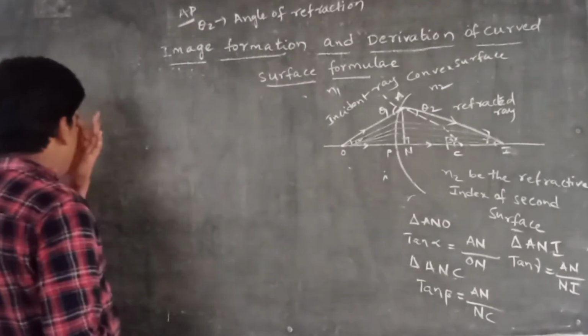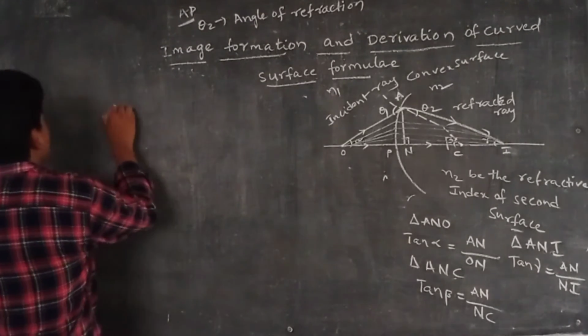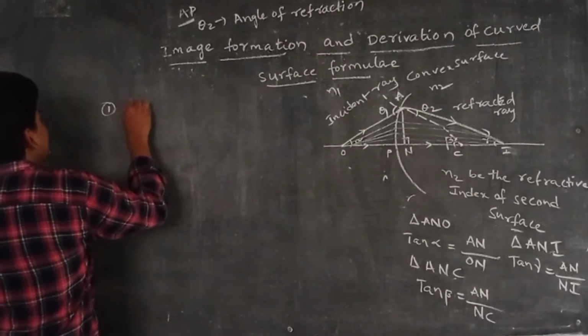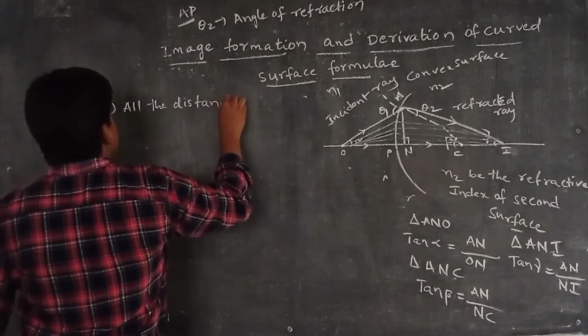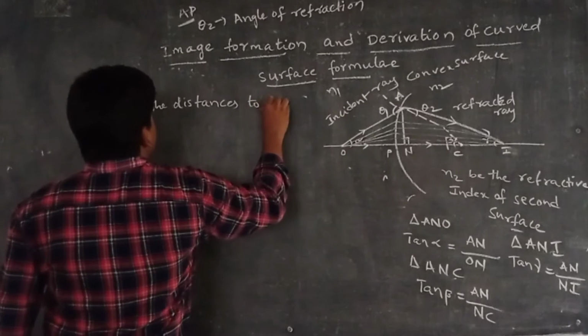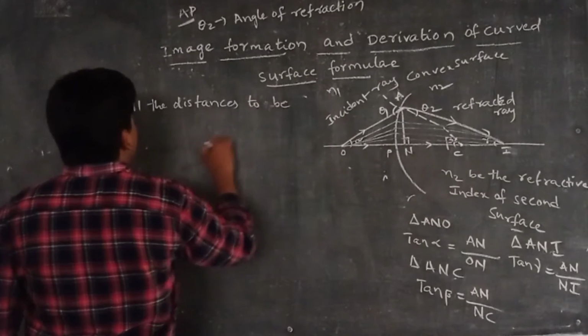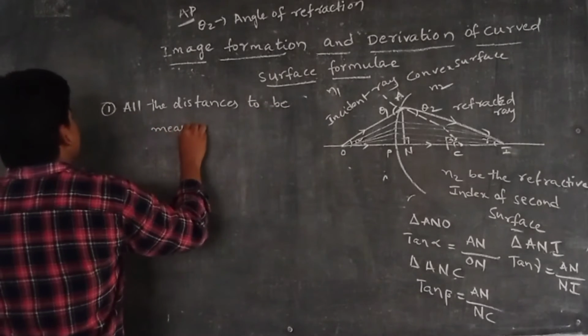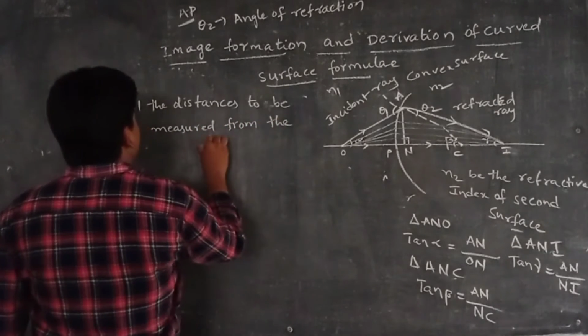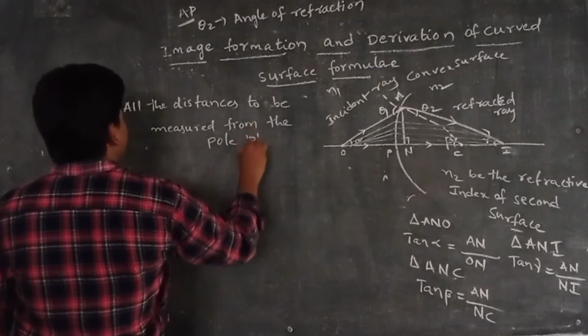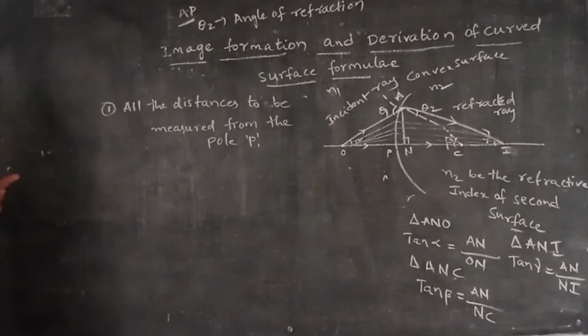Sign convention rules are very important for this topic. First one: all the distances are to be measured from the pole P.